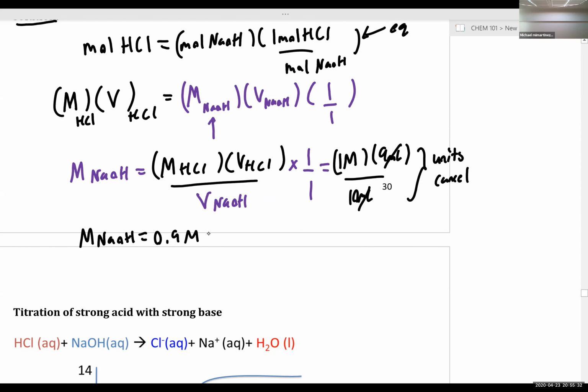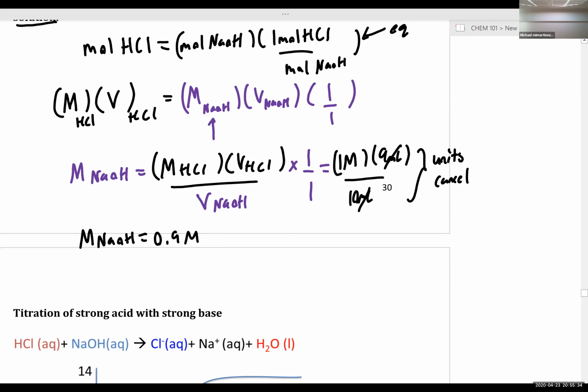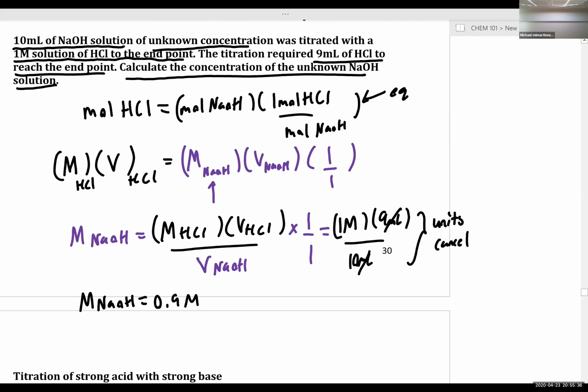Does this example make sense to everyone? Does this titration equation look familiar? Is everyone comfortable with these titration calculations? You don't have to convert to liters. You only need to make sure that your volumes cancel. If you're doing it stepwise, however, I would convert to liters.